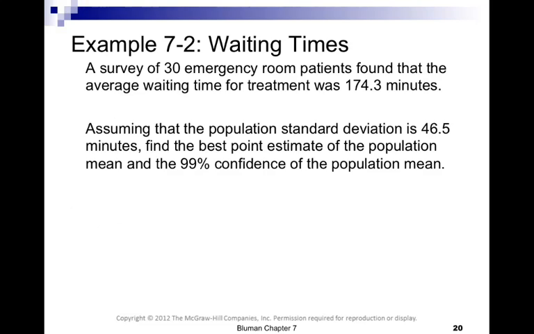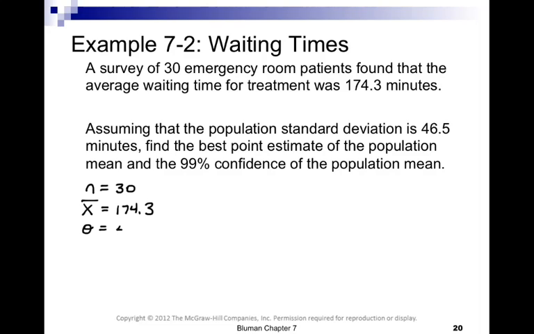So now, let's look at this example, waiting times. Let's go ahead and list for ourselves, before we go on to the next slide, the information that we've got. You've got 30 emergency room patients, so n is 30. The average waiting time for treatment was 174.3 minutes, so that's your x bar. The population standard deviation is 46.5, so there's our sigma.